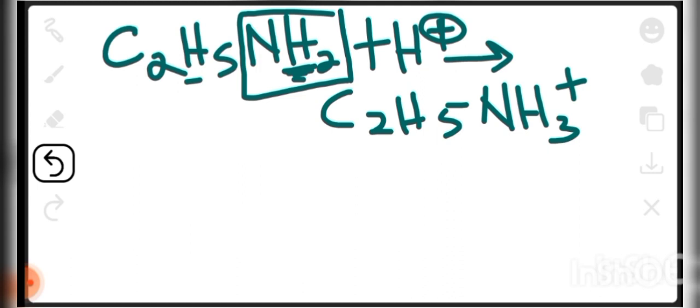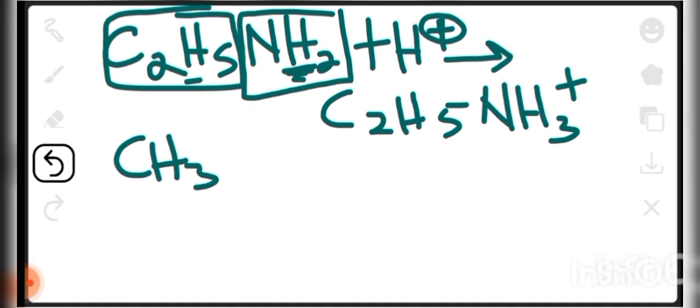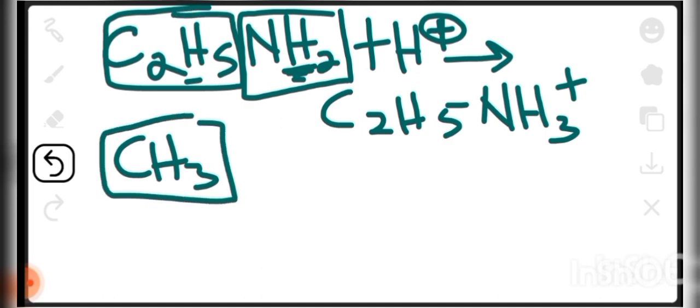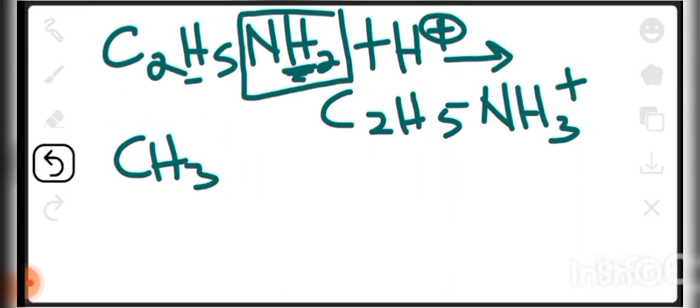What about when we have CH3? CH3 is something like a methyl. C2H5 is ethyl. This one is the name of a compound, ethyl. This is the name of a compound, methyl. So that's why you cannot add to those ones. Then this other one is the functional group.